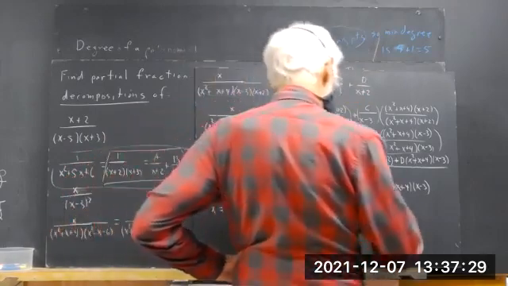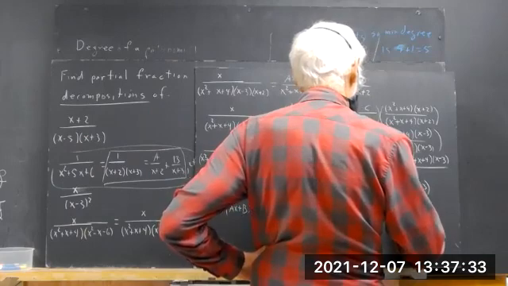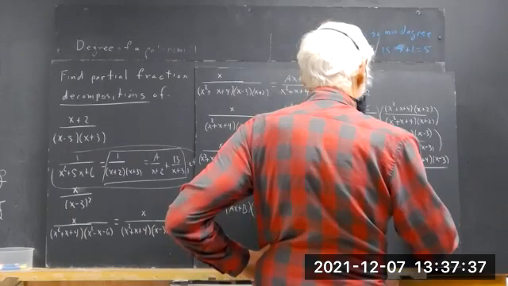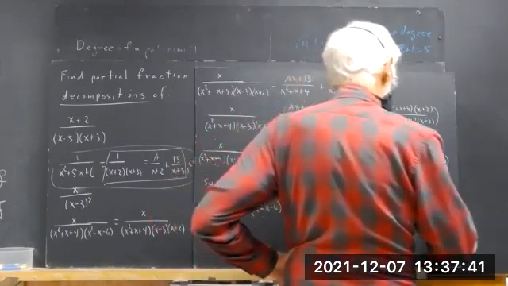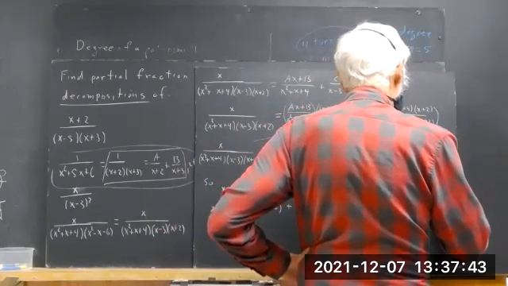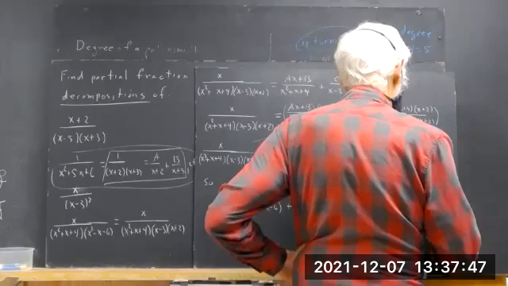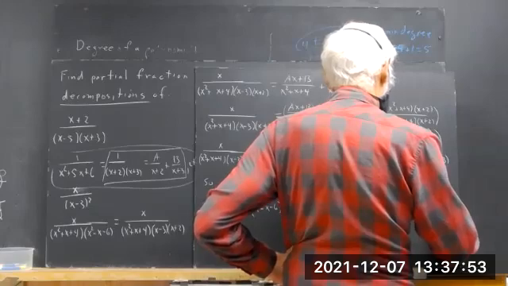And then I'm going to have d times x squared times x minus 3, plus x times x minus 3, plus 4 times x minus 3.